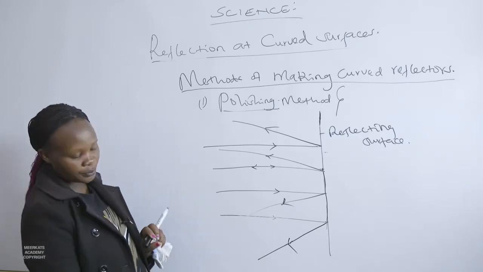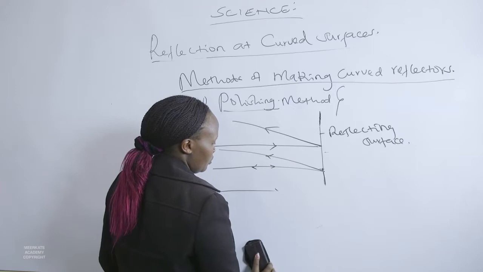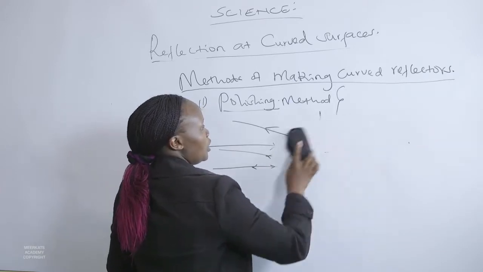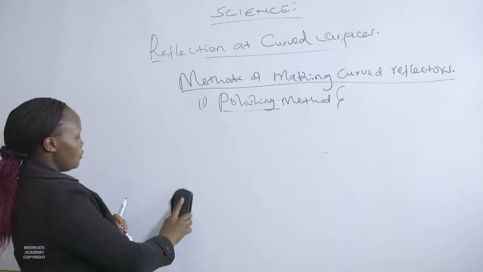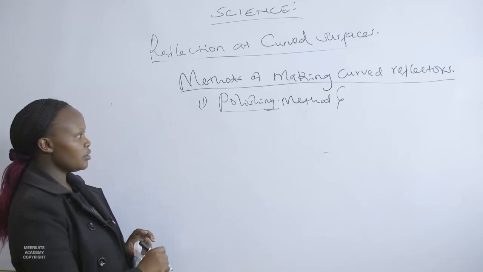Now, how can we come up with this kind of a reflecting surface?